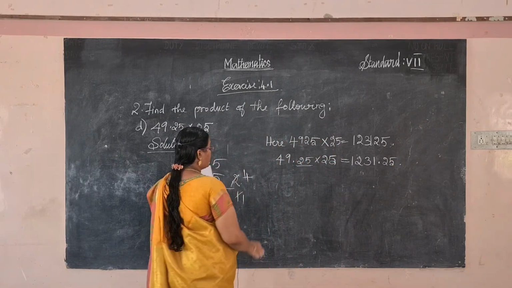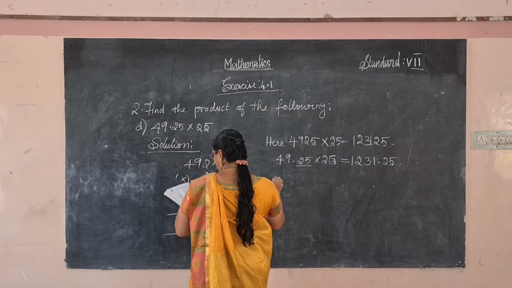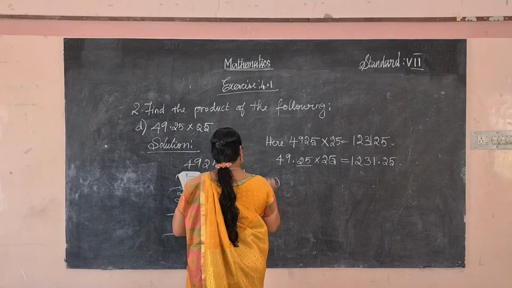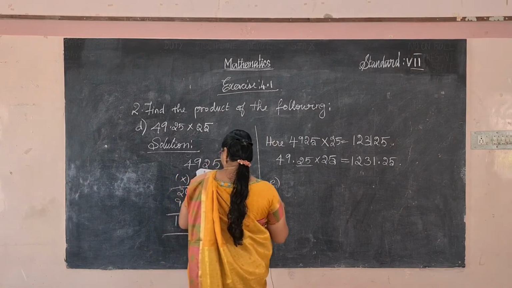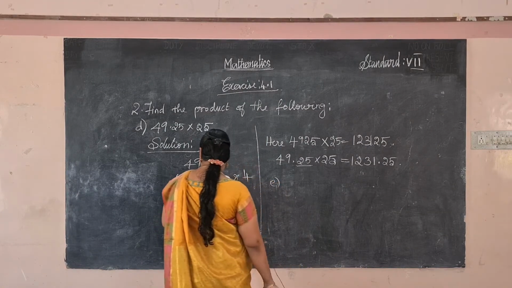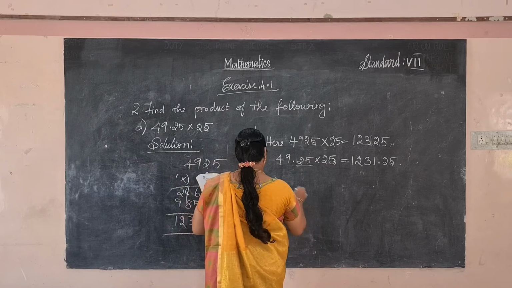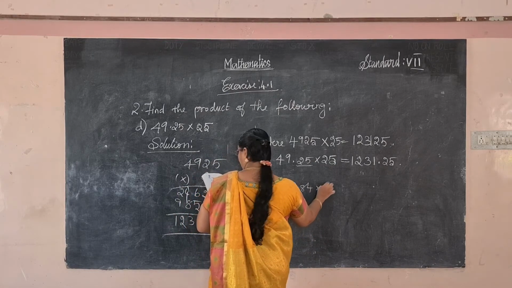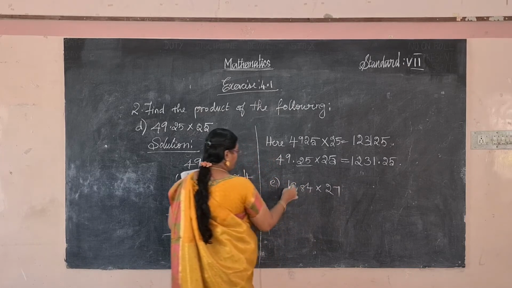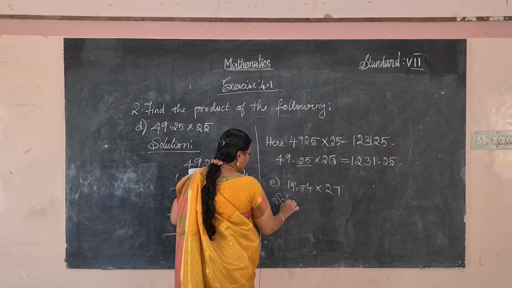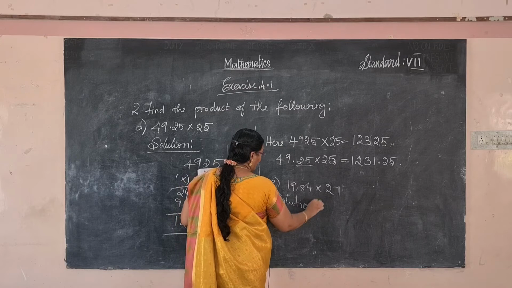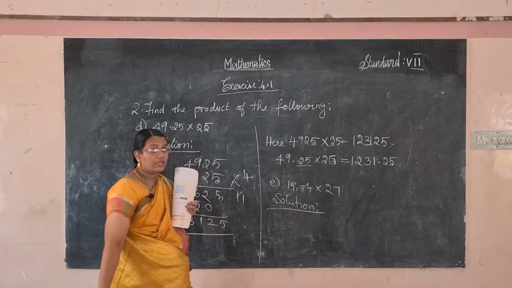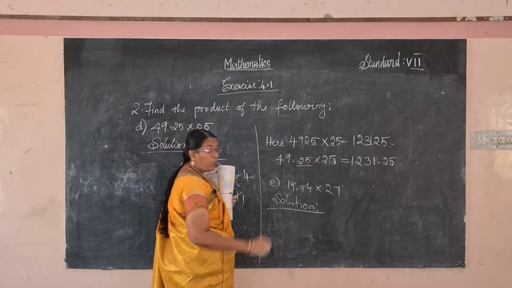Okay, and the next one, E problem. 19.84 into 27. This is the question. Find the product. Solution. First, do not consider the decimal points.